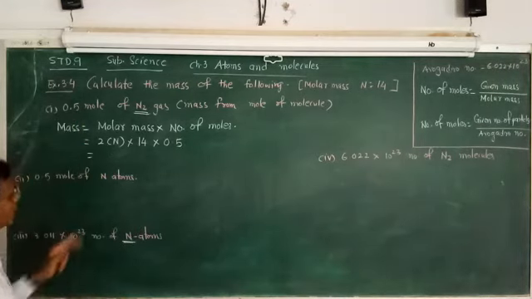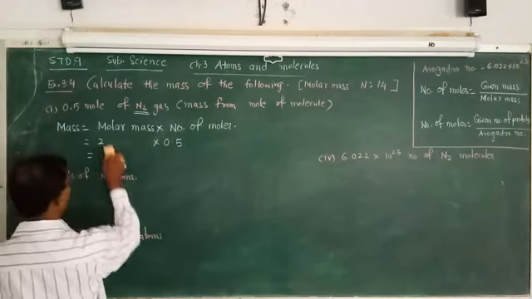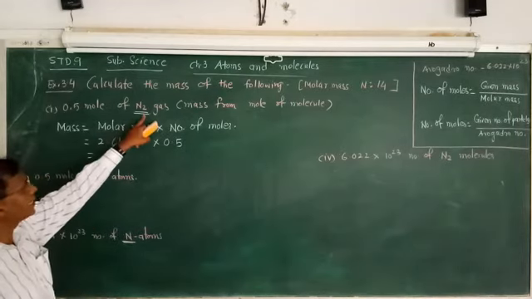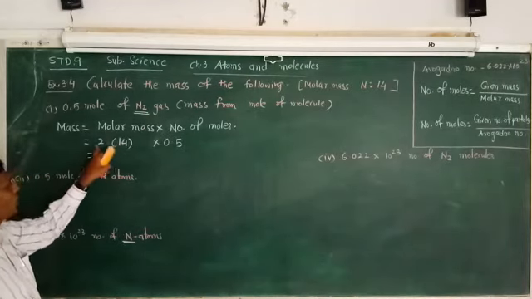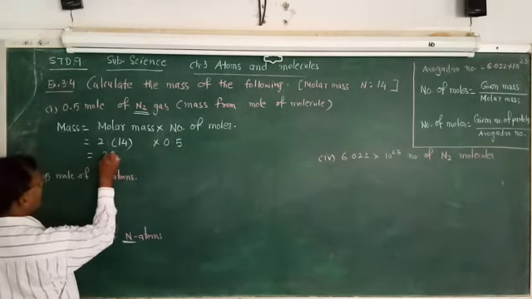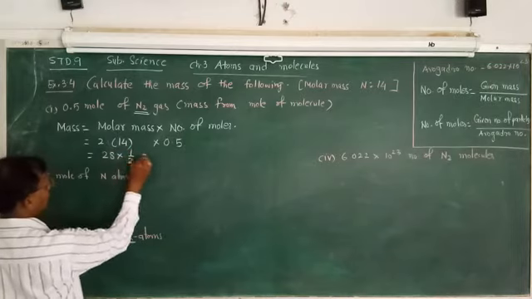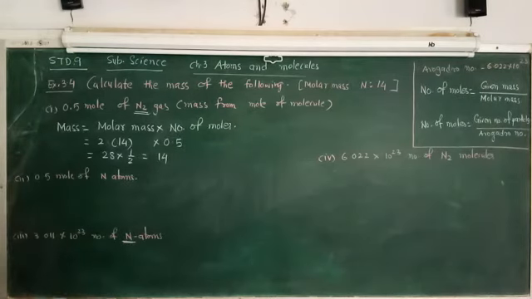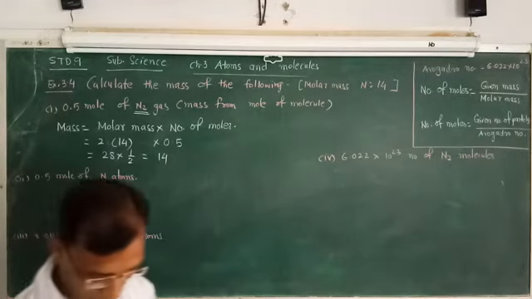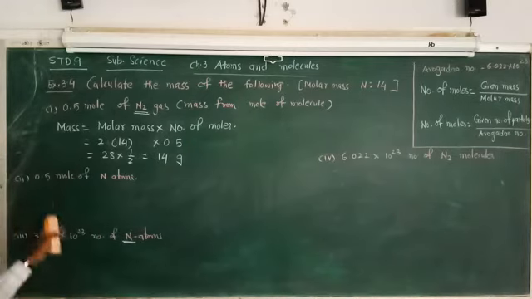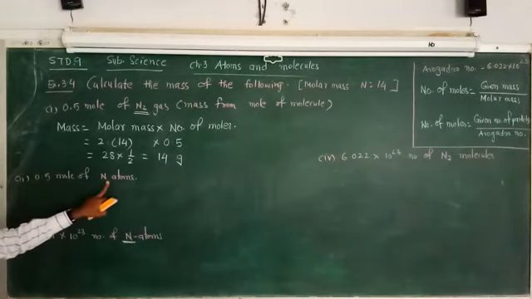So 2 times 14 is 28, and 0.5 is 1 by 2, so 28 divided by 2 is 14. So 0.5 mole of nitrogen gas is 14 gram, measured in gram.